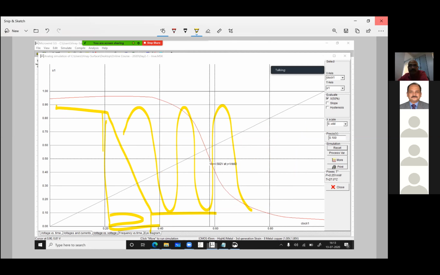So if we come back to the screen share, I believe you are able to see the share of Microwind.